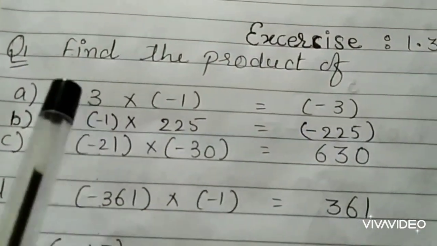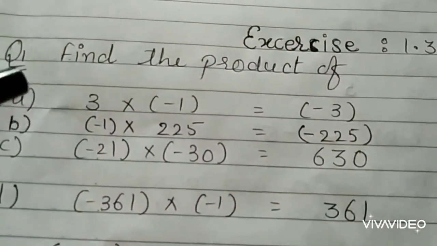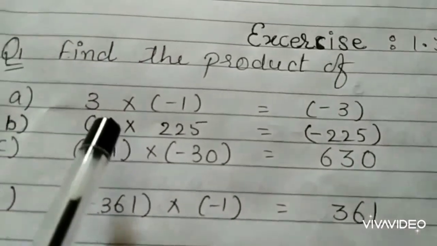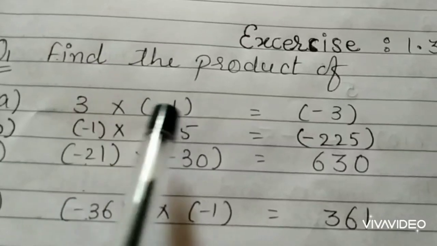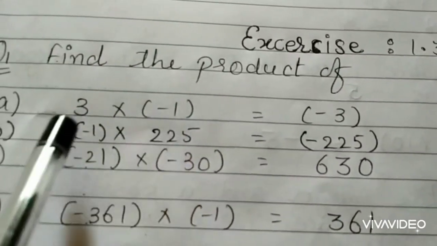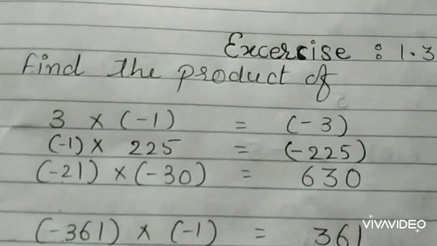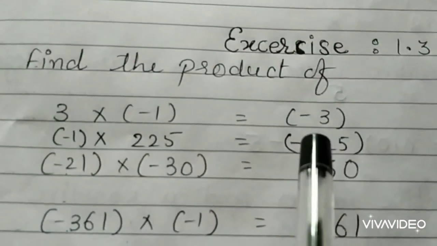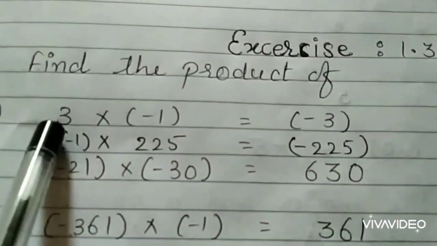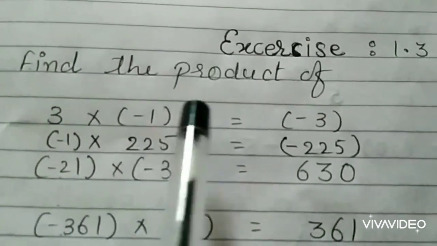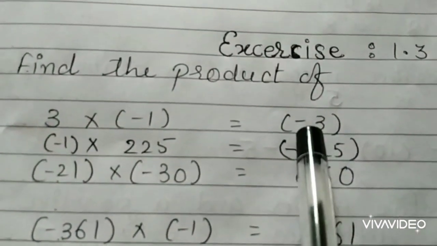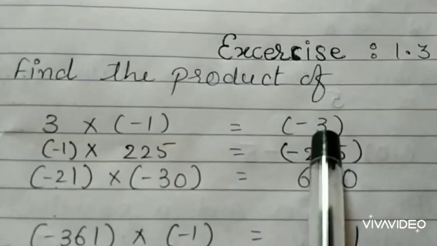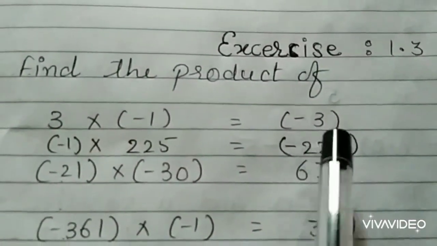Here students, we can do this sum by taking advantage of the rule. Firstly, we can check whether it is a positive number or a negative number, and accordingly put the sign over here. Here one is positive, one is negative, so your answer will be negative, and you have to multiply 3 into 1, and that is minus 3.